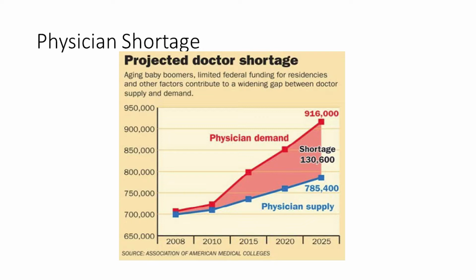The projection for 2025 is a demand of 916,000 physicians with a supply of 785,000. So those physicians will be more in demand, but it will also be harder to retain and attract those individuals to certain areas, which will drive up labor expense.